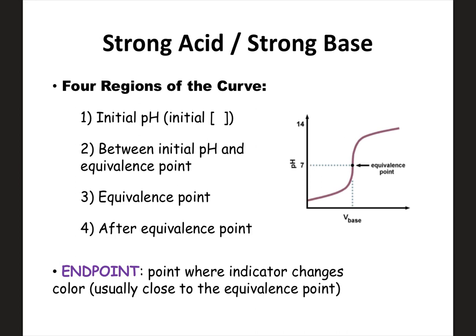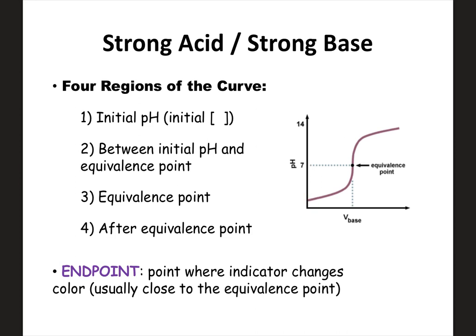So obviously, there's going to be this initial pH, all right? You're going to be able to determine the initial pH here of the analyte. All right. And then once you start adding titrant, so as soon as you add your first drop of titrant, up to until you get to the equivalence point, that's kind of the second zone.